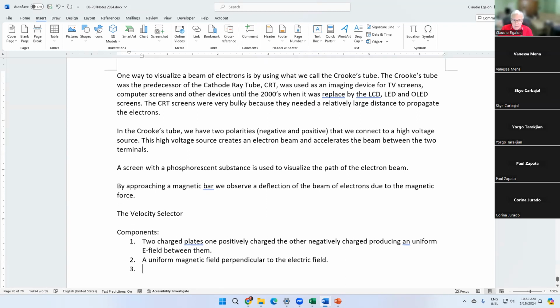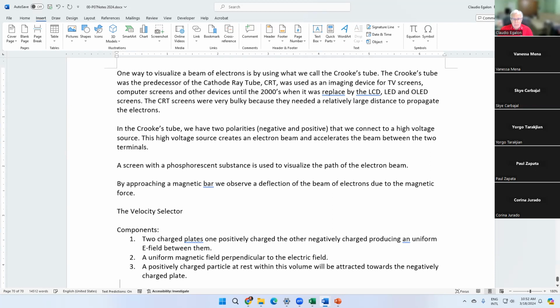Three, a charged particle at rest within this volume will be attracted towards the negatively charged plate, right? A positively charged particle at rest within this volume will be attracted toward the negatively charged plate.